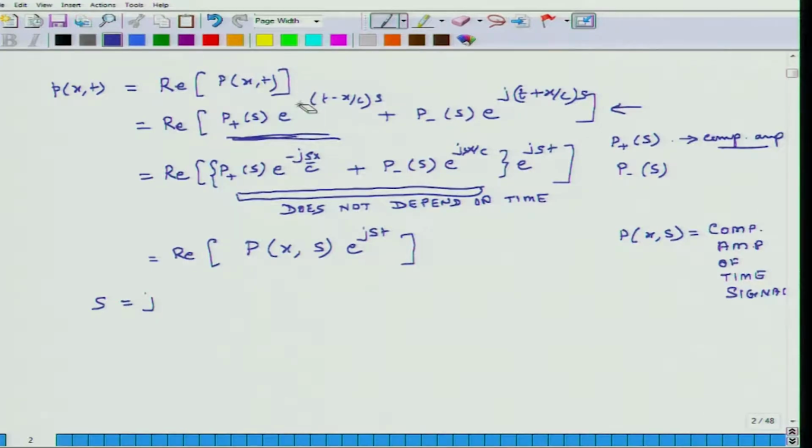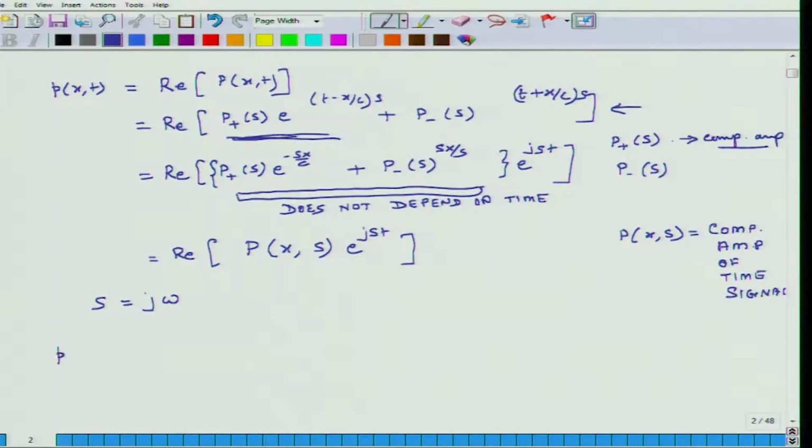I think I made one more error here, there shouldn't be any j here, so e to the power of s x over c, because j is embedded in s. So in most of the regular cases s equals j omega.